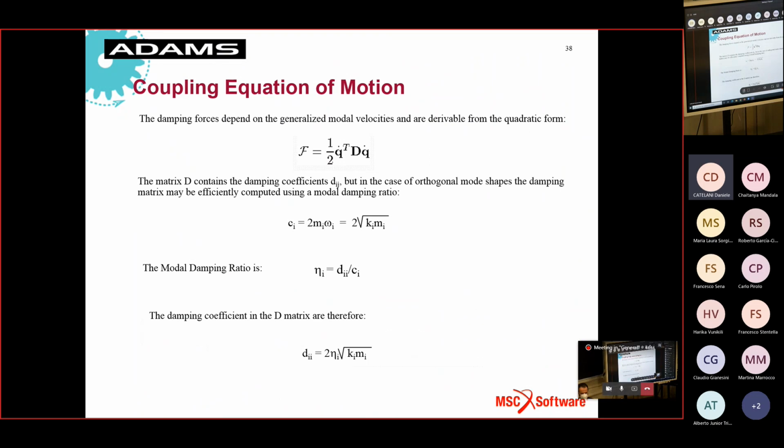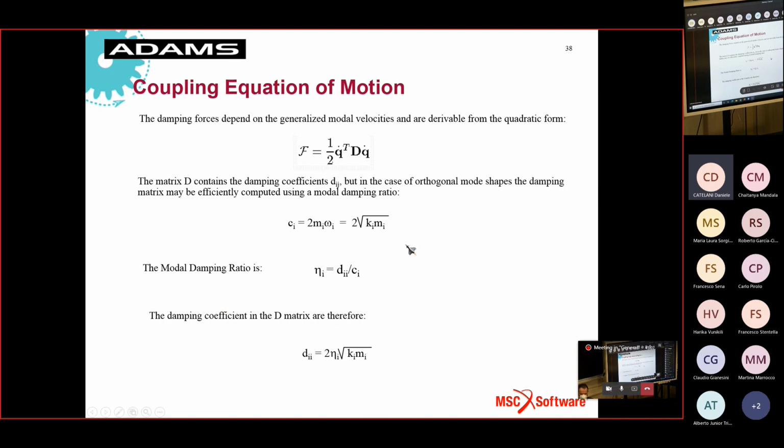The damping can be introduced directly in Nastran, and there is an interface, some statements to have the damping matrix, or you can apply damping in Adams, and in this case you apply the so-called modal damping, which is a percentage of the critical damping of your structure.